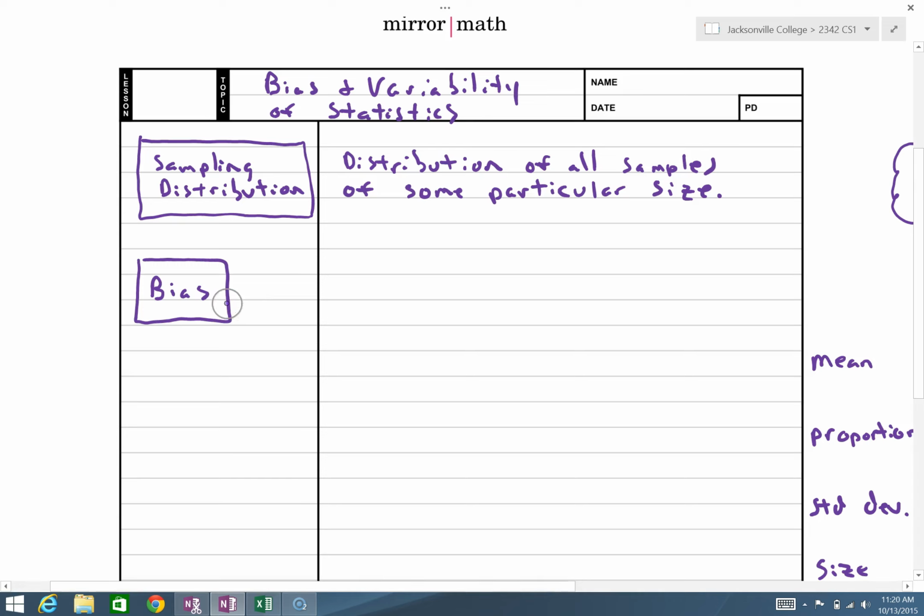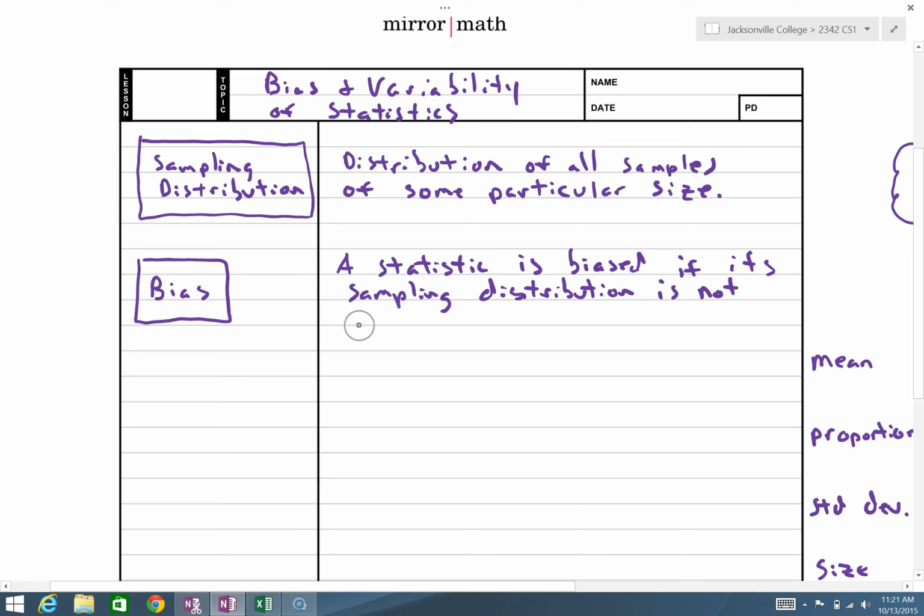This concept of bias with our sampling distributions is very similar. We say that a statistic is biased if its sampling distribution is not centered at the population parameter.